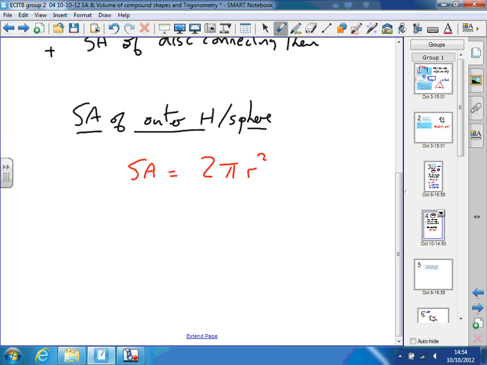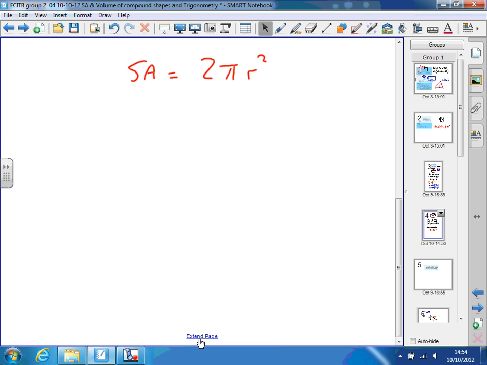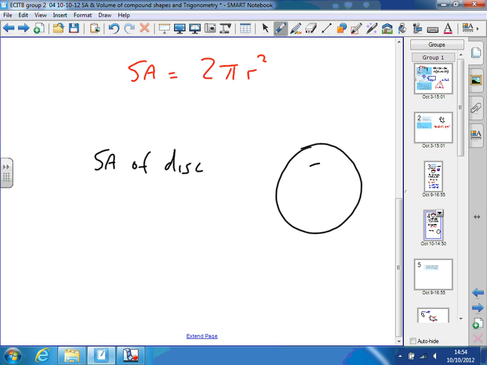What about the surface area for the disk? Here it is. How to find the surface area of that? Yeah, that's right. Find the surface area of the outer circle and subtract the surface area of the inner circle.